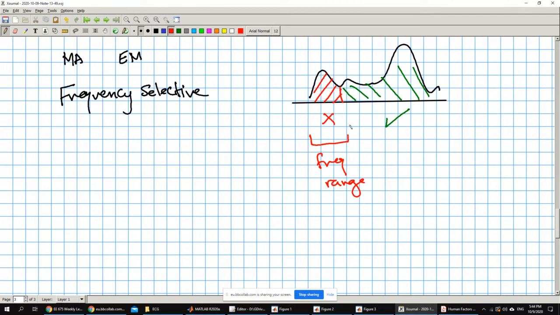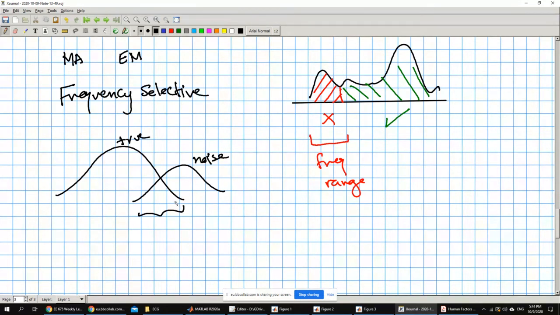range. Okay, if I have a signal that has, for example, this is the true signal, and this is the noise, then we have a problem. What is the problem here?